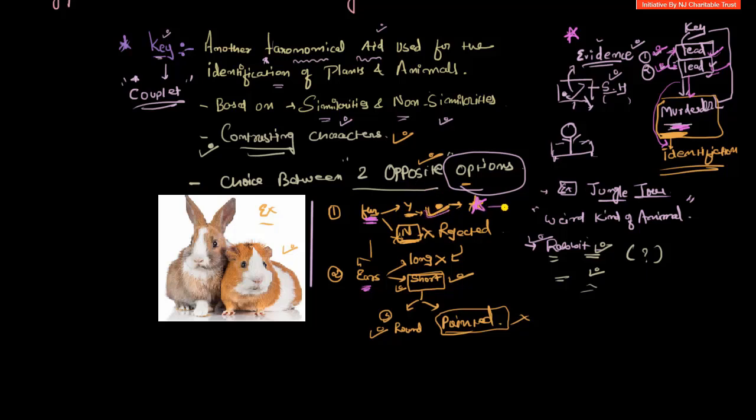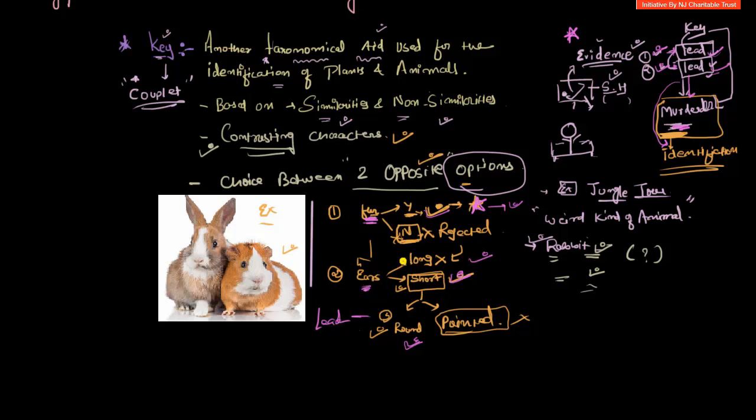One got rejected, but one got accepted too. So yes, they have fur, they have short ear, and they have round ear. Each acceptance gives me a lead to the next step.